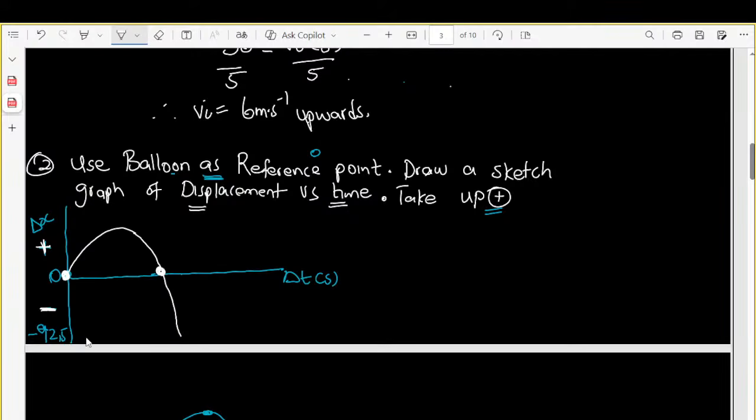You understand? So it will move until it reaches that height. Okay, so when it reaches that height, how many seconds does it take? 5 seconds. This is what we call the displacement versus time graph.